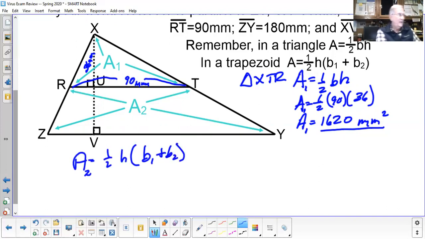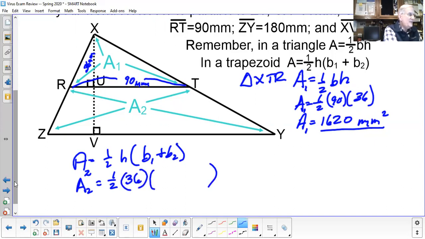So to obtain area 2, I will simply do 1/2 times the height of the figure. The height of the figure is also 36. I did say up above that UV is 36.